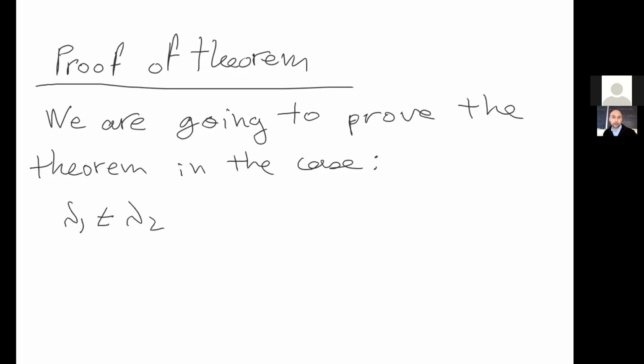Lambda 1 and lambda 2 are the eigenvalues of the Jacobian. For example, lambda 1 is less than lambda 2, which is less than 0. And so they are real.